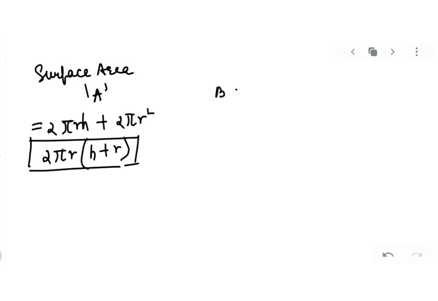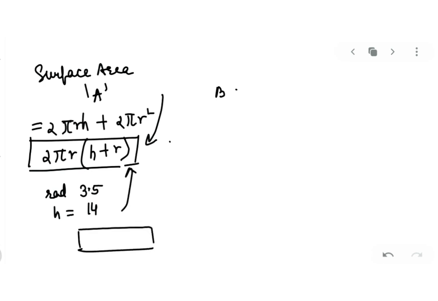You have all the dimensions with you? Yes. So you can put in container A dimensions. That is, your 3.5 is the radius and the height is 14. Put it into this and get the value of surface area.